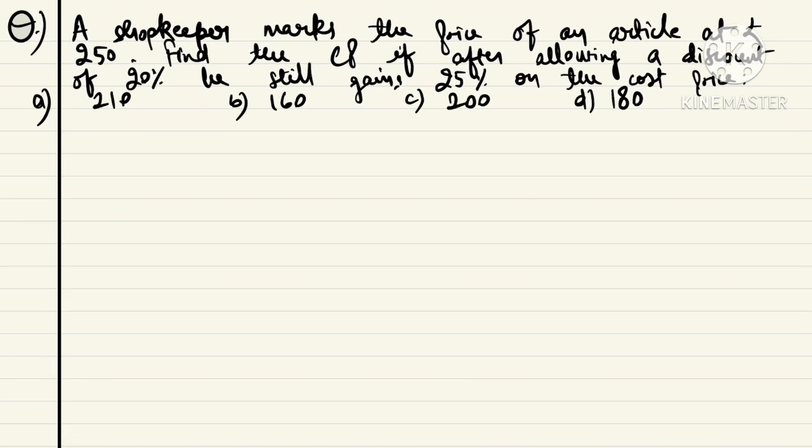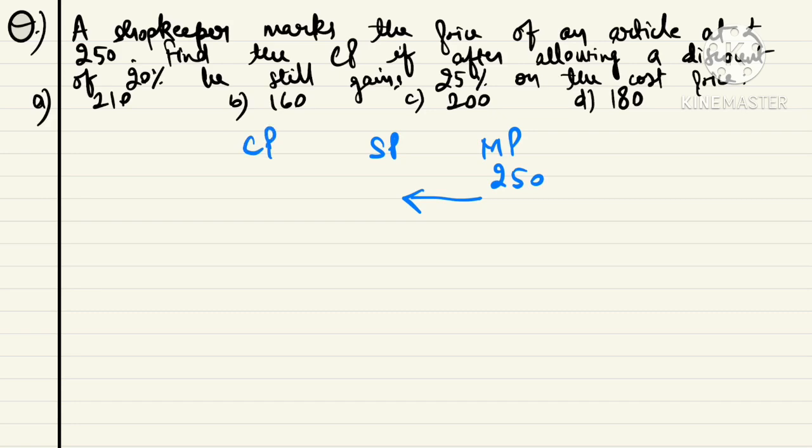Next question is, a shopkeeper marks the price of an article at rupees 250. Fine. Mark price is given. Find the cost price if after allowing a discount of 20%, he still gains 25% on the cost price.